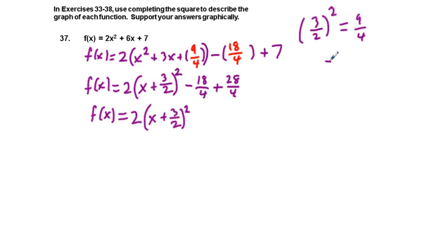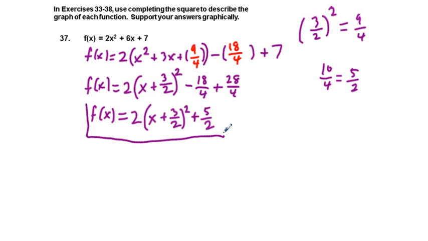Well, that's going to be 10/4, which is going to simplify to 5/2. So we're just going to add 5/2 here. So this will be our function here in vertex form.